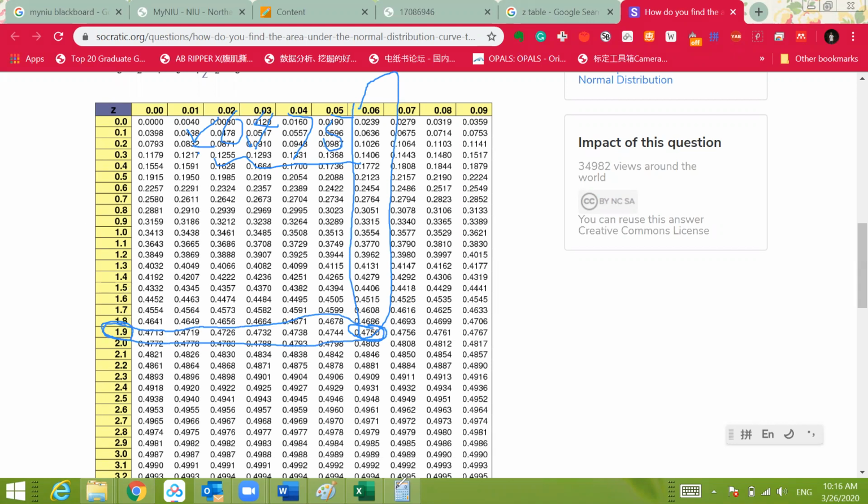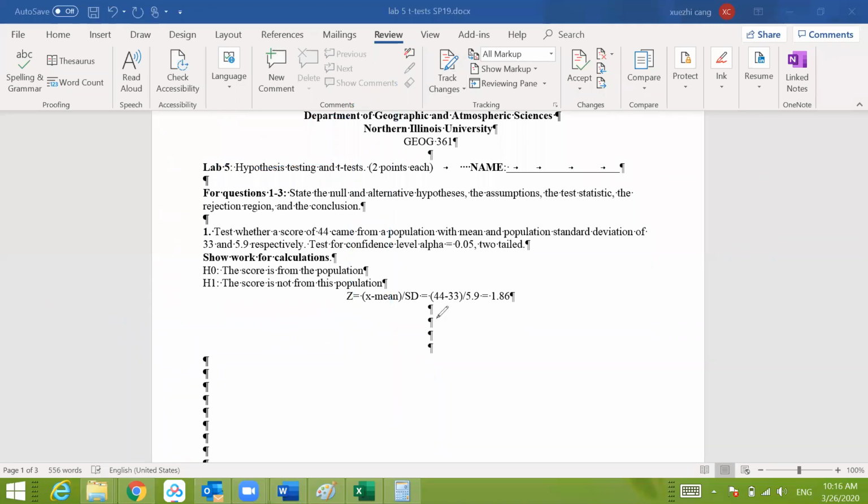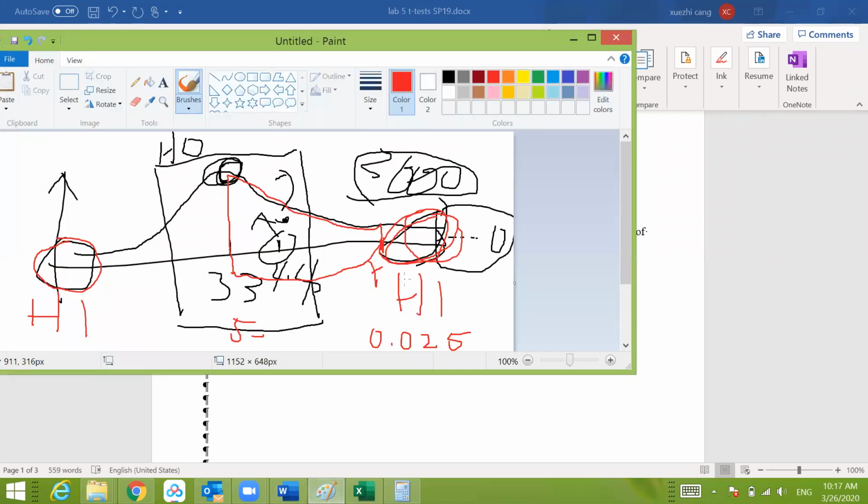Okay. Then we can see the critical Z value. The Z critical is 1.96. Then we go back to our graph.